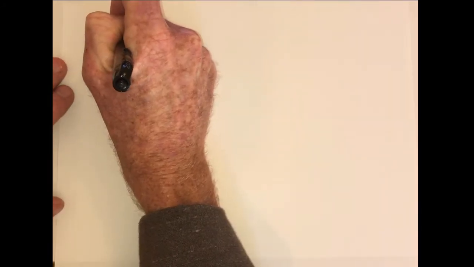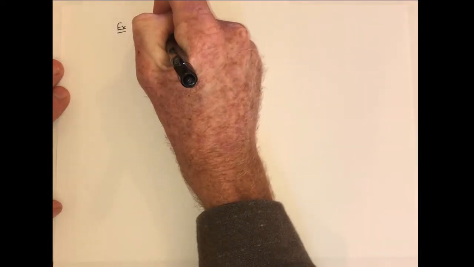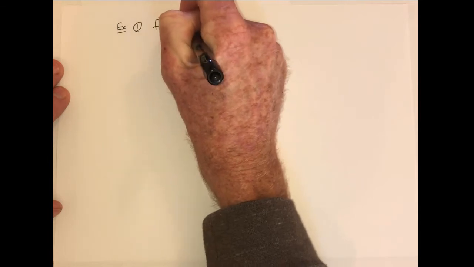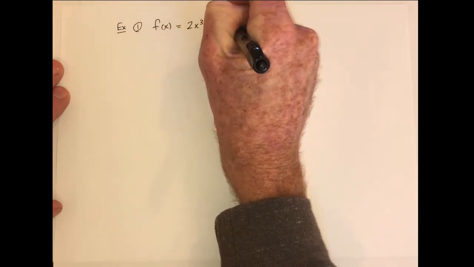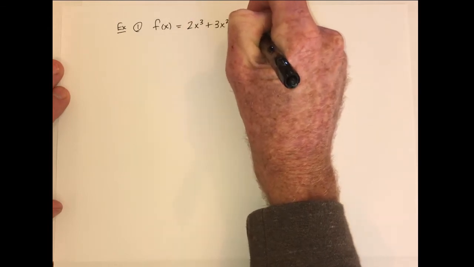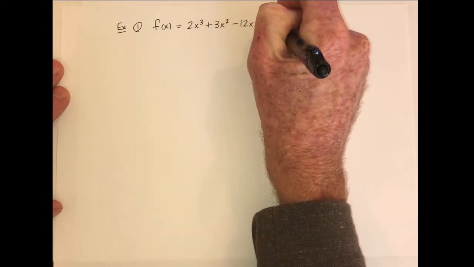Okay then, let's look at some examples. So for example number 1, suppose that the function is 2x cubed plus 3x squared minus 12x plus 2.